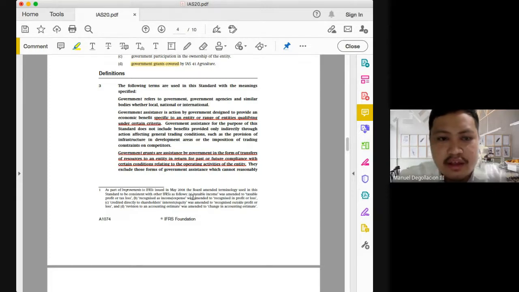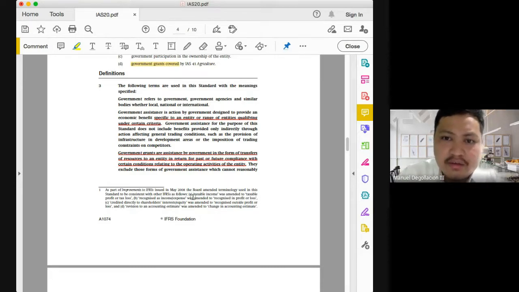And since they did not bother learning anything specific for PAS 20, as they look at the choices, they see government assistance in the choice, then they would say, perhaps this is already the answer, that this is a giveaway question. The definition already tells us that these are assistance by the government, then definitely the answer would be government assistance. And that would be wrong.